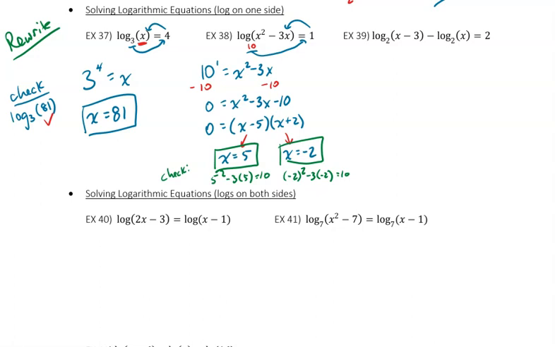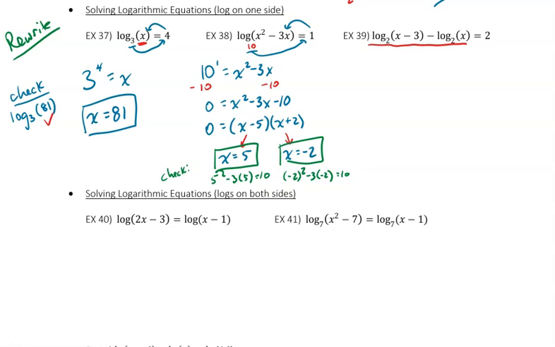All right, let's look at 39. So for number 39, we do have logs on only one side of the equation. However, it's not just log of something equals a number. We have two different logs right now. Now to rewrite it, we can only have one log.